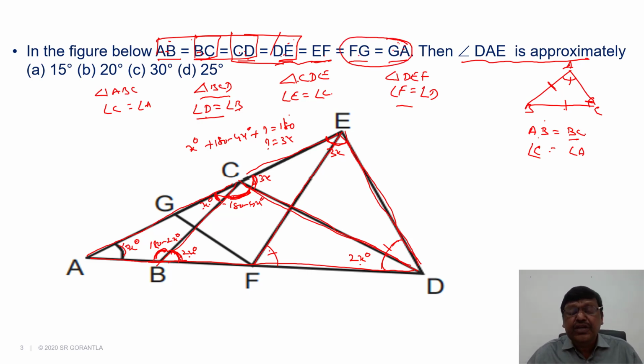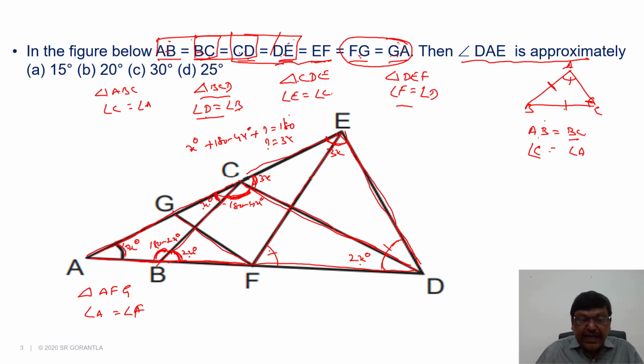If FG is equal to GA, consider triangle AFG. Since FG is equal to GA, opposite to FG we have angle A, opposite to GA we have angle F. These two are equal.